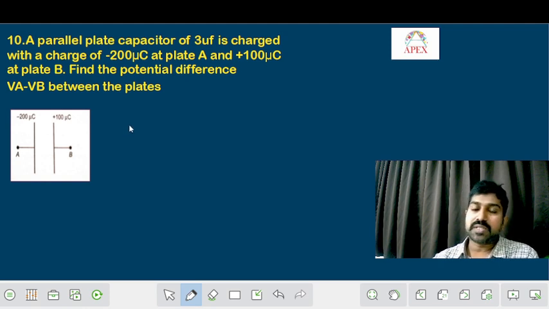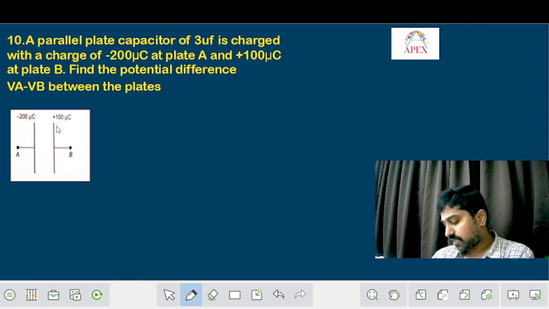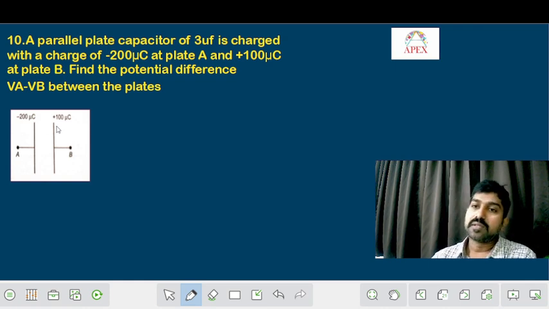To find the potential difference, if both the capacitor plates are having some different charges, what we do here? If both are having some different charges, so again the similar one. First of all you have to write what is the total charge here. Charge is nothing but Q1 minus Q2.